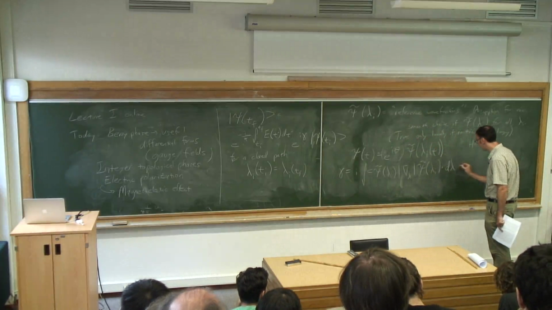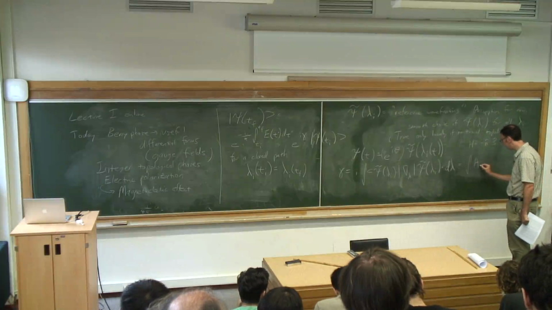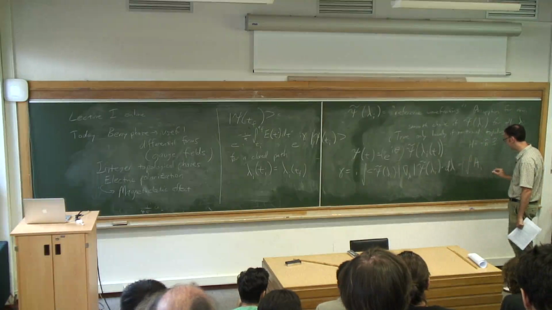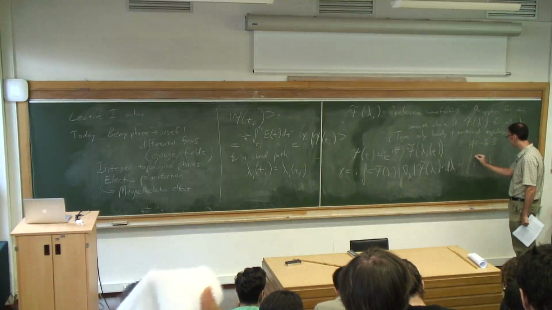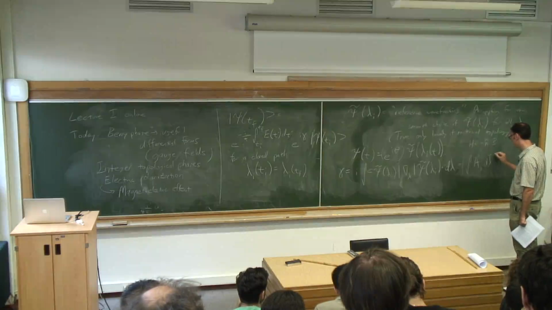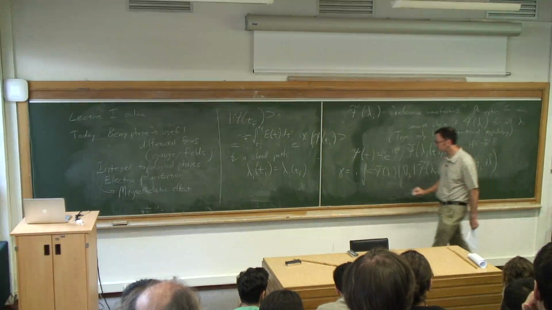So in shorthand, we write this as integral of A, which is going to be my Berry vector potential that we'll come back to. And let's make these vectors if you want. And now this is a closed loop in parameter space.